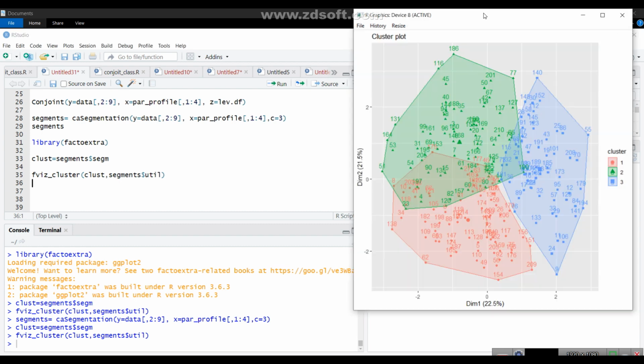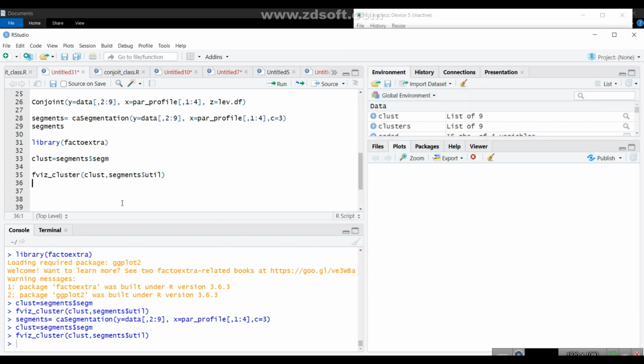Now, if you want to proceed with further analysis, you can look for the attributes which a particular cluster of consumers seeks. You can again do a conjoint analysis for one particular cluster. This way you can do conjoint analysis.